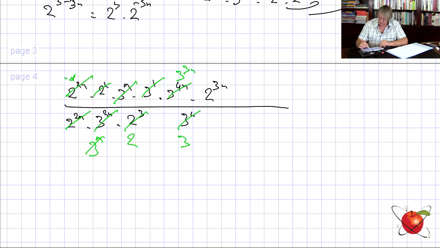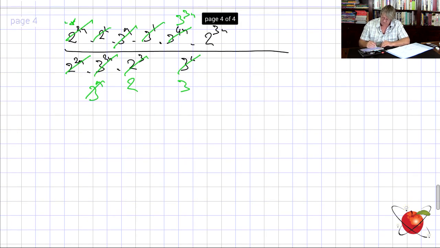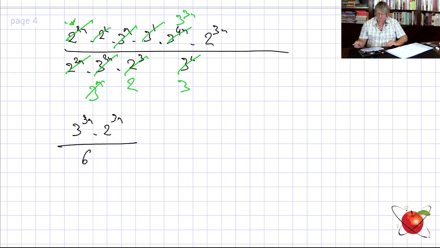We are left on top with a 3 to the 3n and 2 to the 3n, over the bottom is a 6.